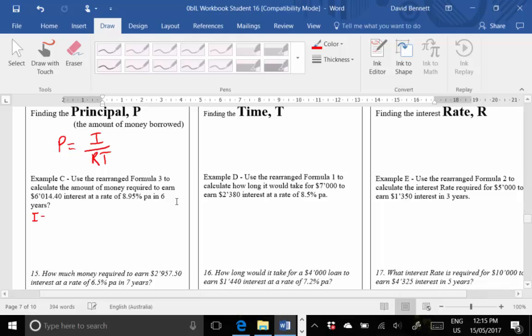So you could list all these things over here. I is equal to 6014.40. Rate's equal to 8.95, and then T is equal to 6.